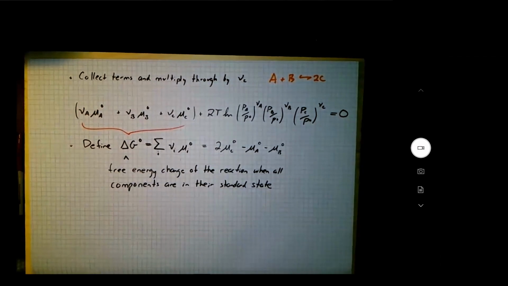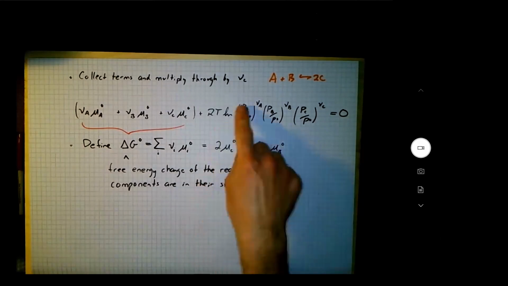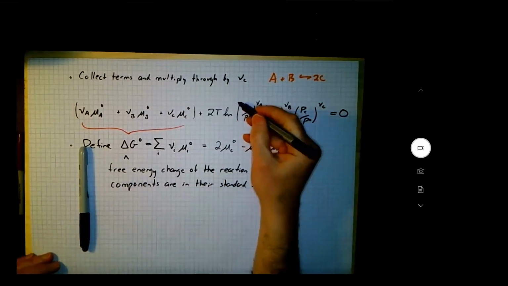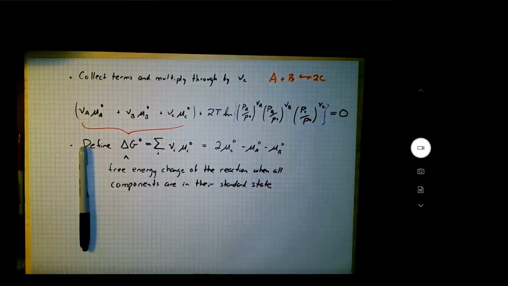Yeah, sorry, I just had a quick question. Are all those partial pressures in the natural log? Yes, they're all in the natural log. Let me make that really explicit. Does that help? Yeah, thanks.